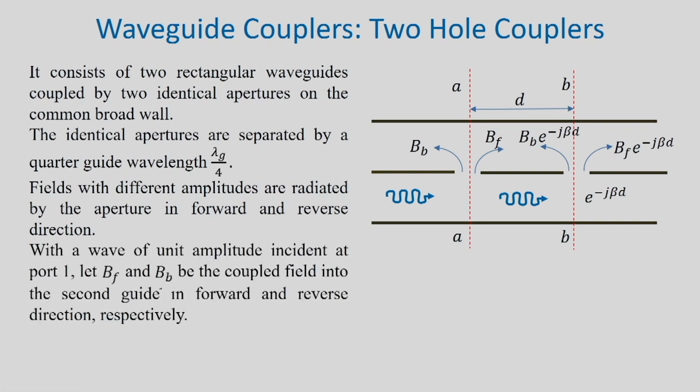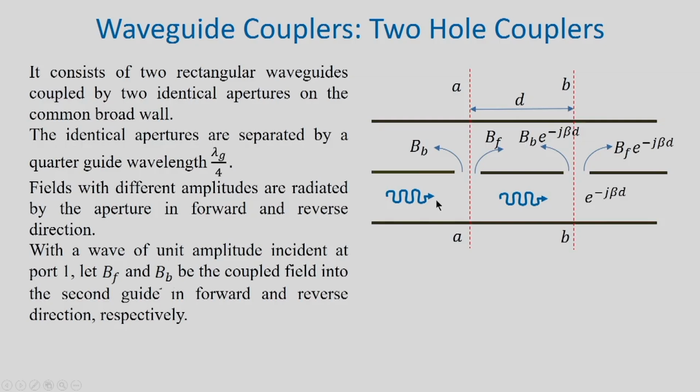Let us consider a wave with unit amplitude incident at port 1, and let BB and BF be the coupled field into the second waveguide.